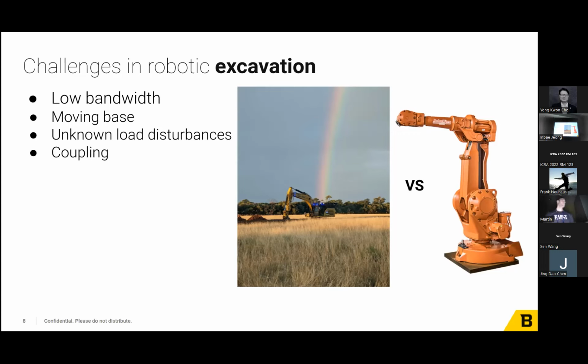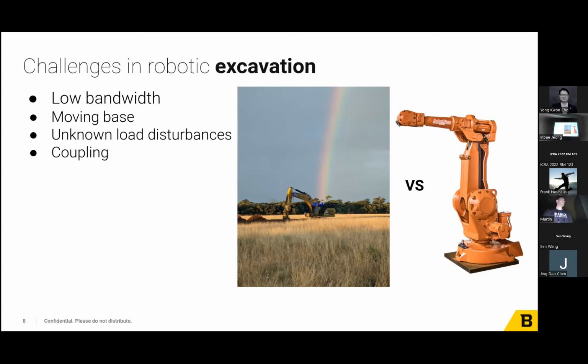The base is moving, sometimes deliberately as you drive it around, sometimes just by inertia when you move the arm and the body of the excavator is shaking. We have unknown load disturbances, mainly when you're digging. So you cannot model the material that you're digging in perfectly. And so that adds to load disturbances that you have to deal with on the fly. And then you have some interesting coupling.